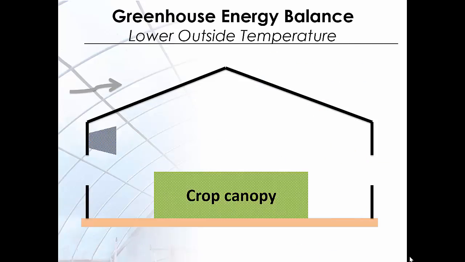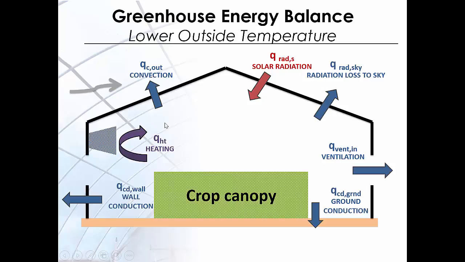Similarly, when we observe lower outside temperatures, when the greenhouse air temperature is higher, then we consider solar radiation as the energy gain for the greenhouse system, as well as the energy gain due to the heating process.